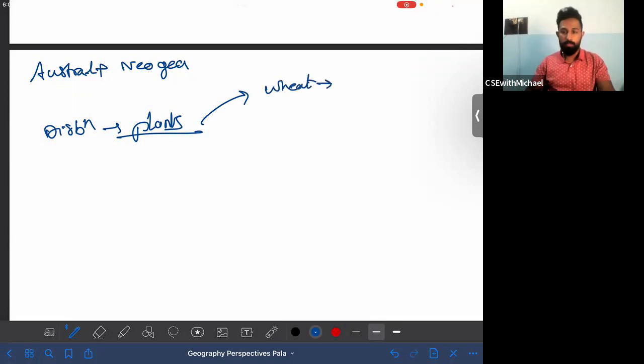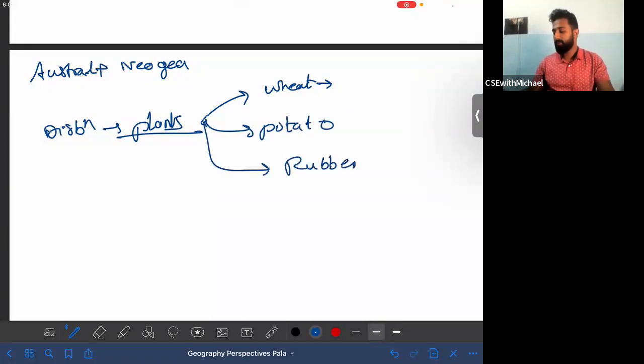Wheat is found around the world today, but wheat was not a crop which was grown across the world, it was grown in specific regions. Similarly, you look at potato, rubber, maize, tomato is one other good example. So all these crops are grown across the world.